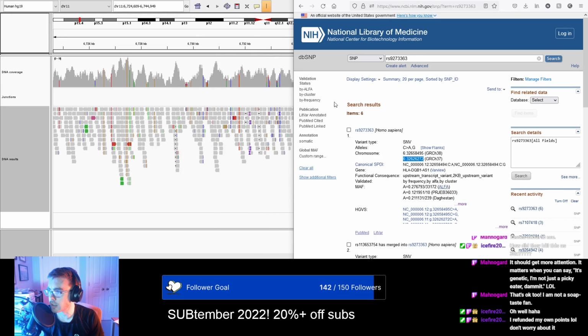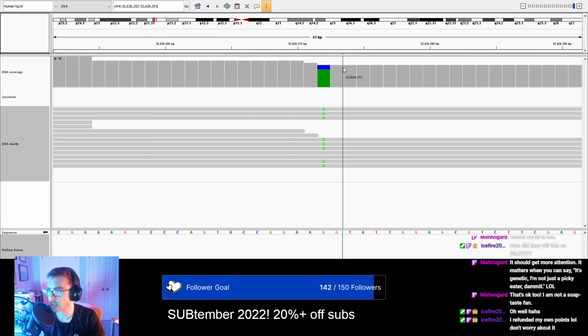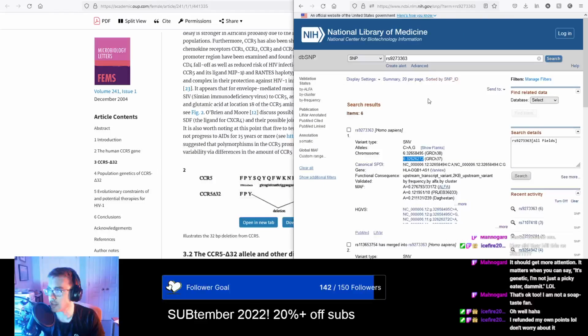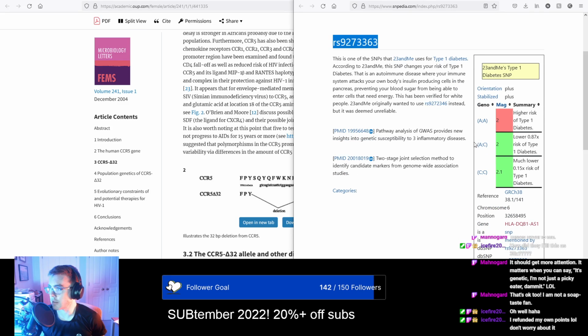So this is an HLA gene. I've got a bunch of A's, but it looks like I'm heterozygote. I have a lower risk. I don't know why much lower is 0.15 and lower is point. Oh, I see. Okay. Cool. Well, that's good.